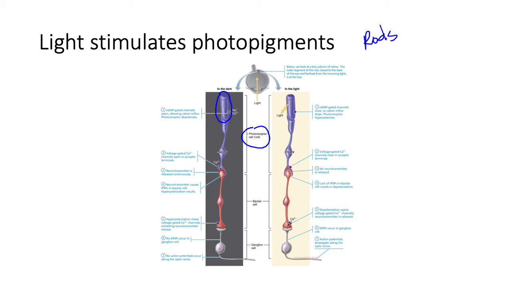Photoreceptors here are going to talk to bipolar cells, which then send signals to a ganglion cell, which then sends signals to the brain. So this is the signaling pathway that happens in order for us to see. What's interesting is that in the dark, these rods are activated, and they are releasing a signal to the bipolar cell.